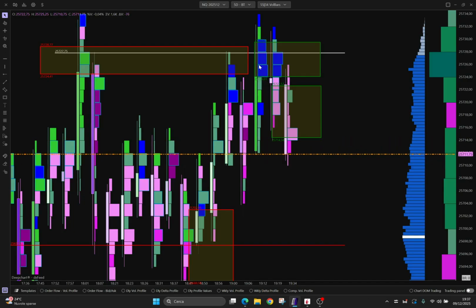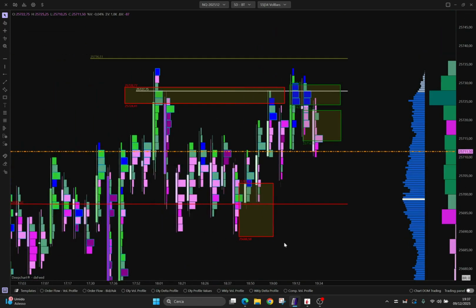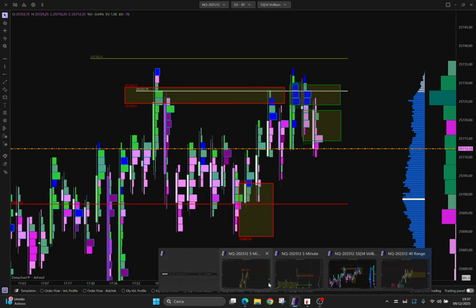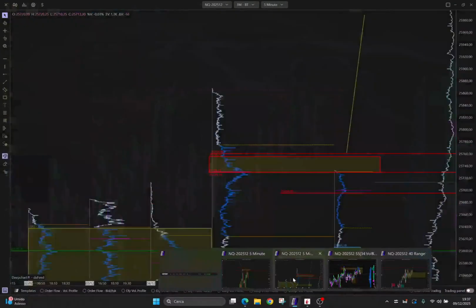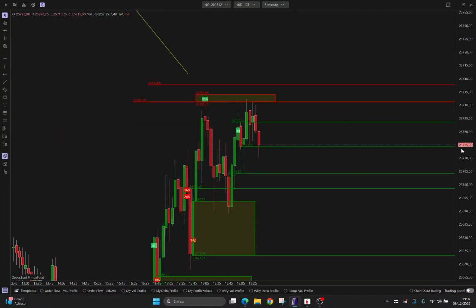What happened here? You see all this auction didn't move. Buyers absorbed. Now they are trying to step down. Now the first level that they will encounter here, what is it? This one.